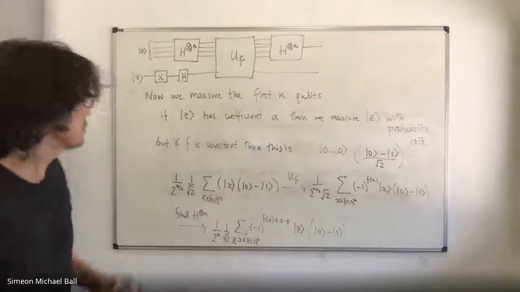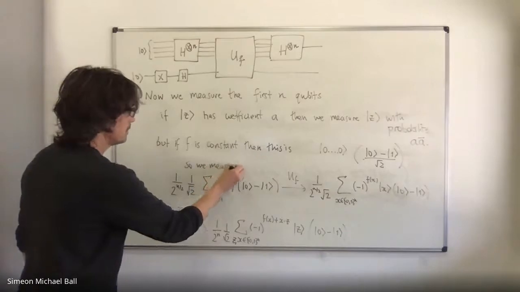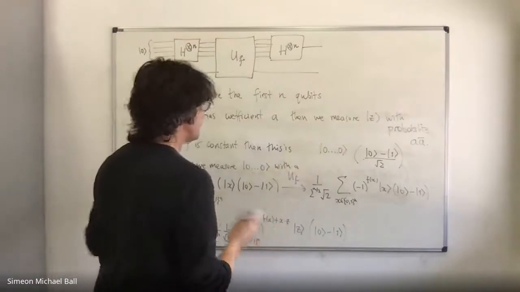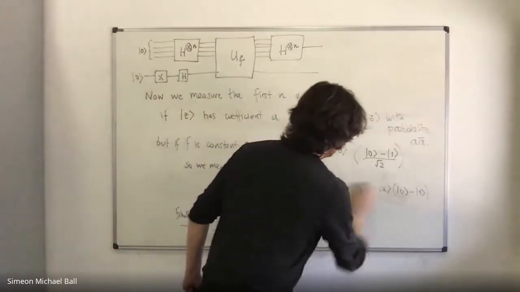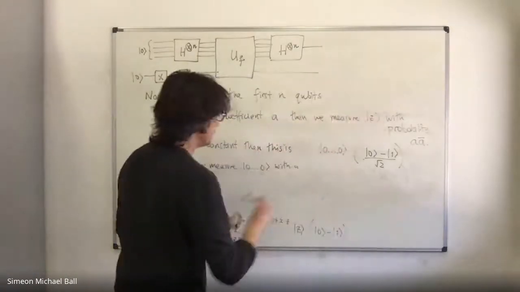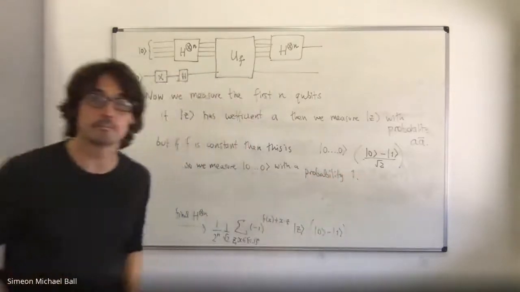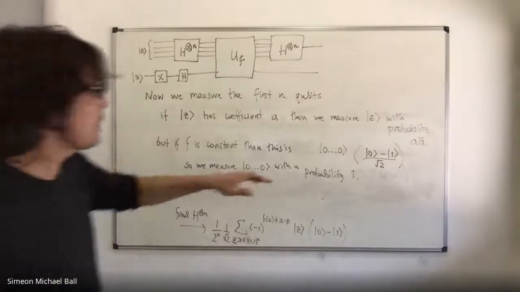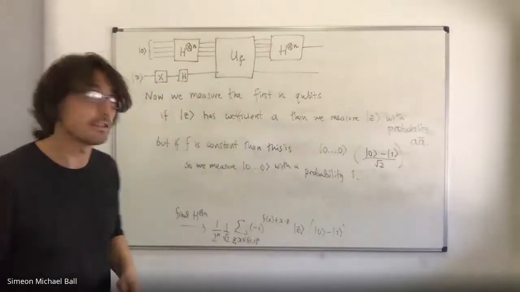So we will measure it. There is no other possibility, because we know that the sum of the probabilities is 1, so it's all there.